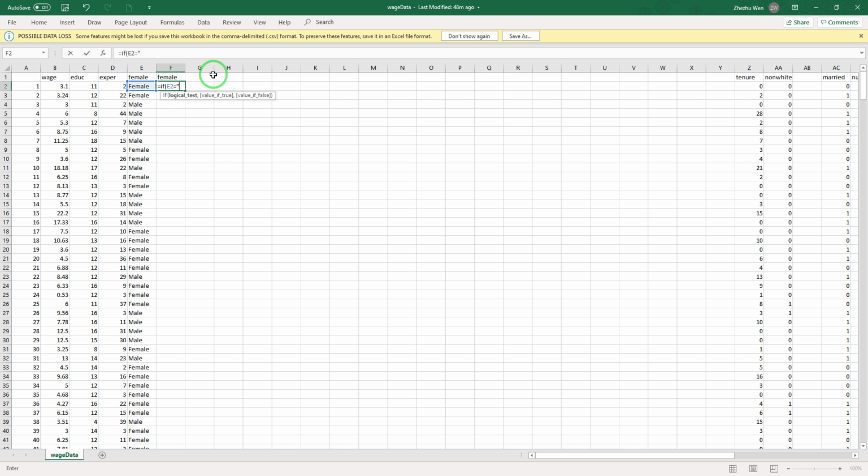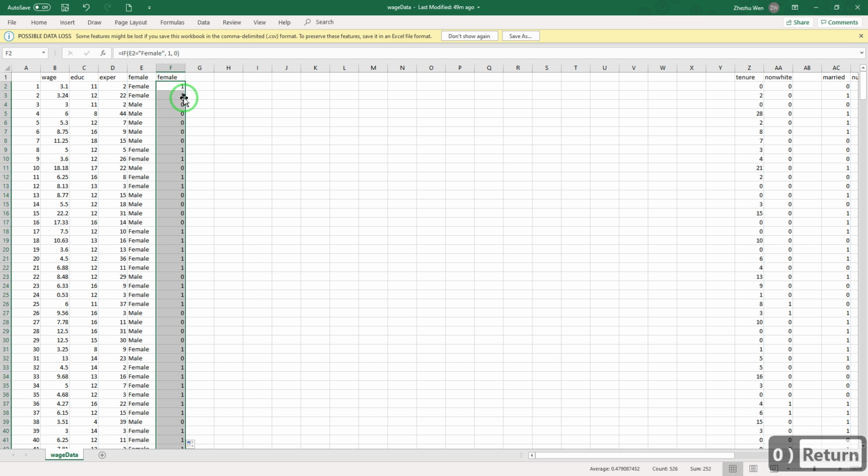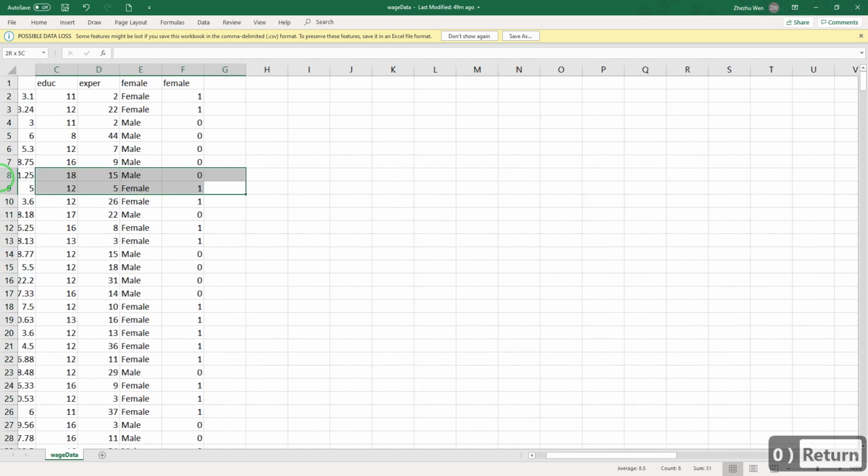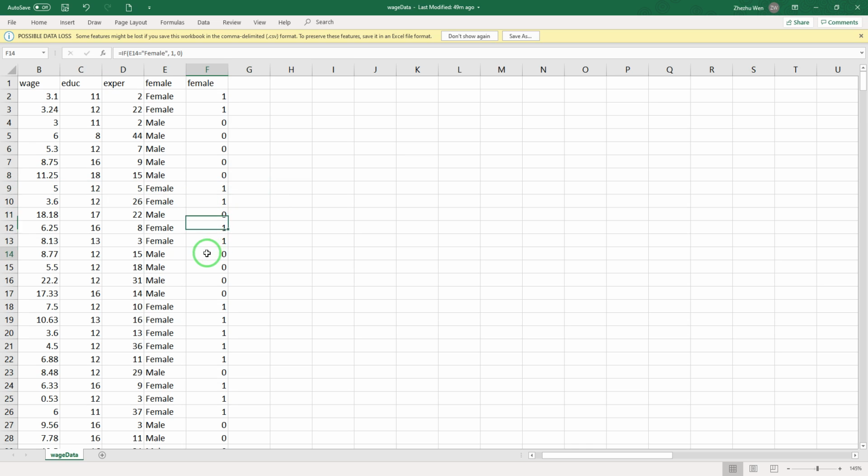If this is female, it's going to be 1. If it's a male, it's going to be 0. Then double click, so we have coded correctly. If you highlight the F column, you can see here the average is 47.9.